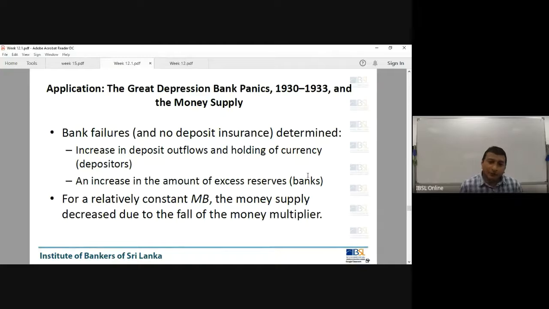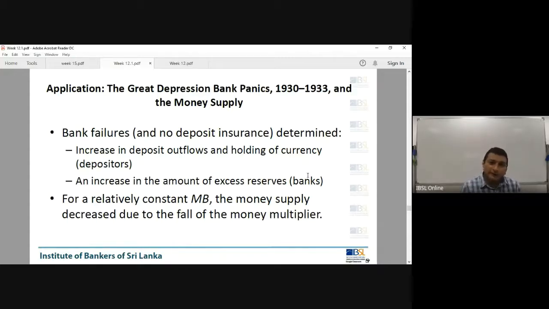But during the 1930s, when the banks were failing, what happened is people started taking out their deposits and keeping them in currency form, and people did not come to banks in a big way during that period, because they all felt uncertainty, they all felt holding currency was safer.